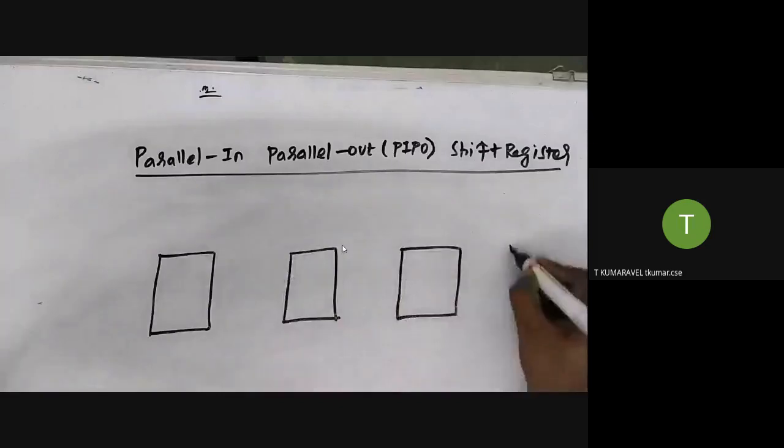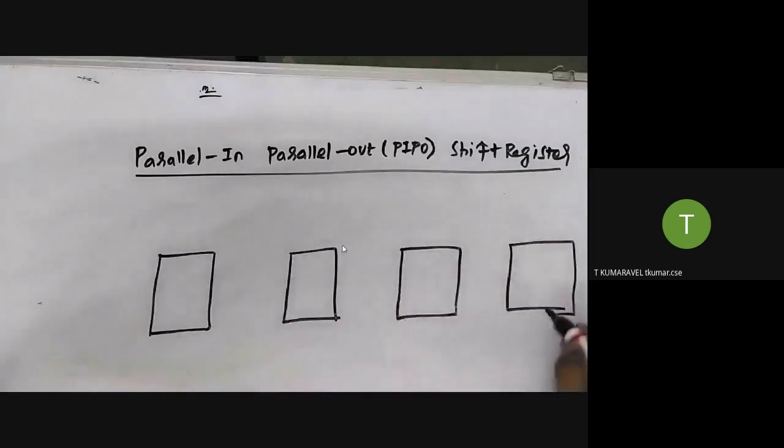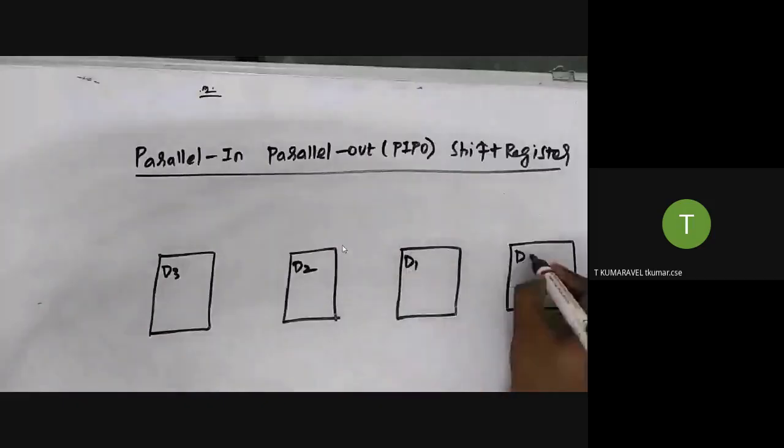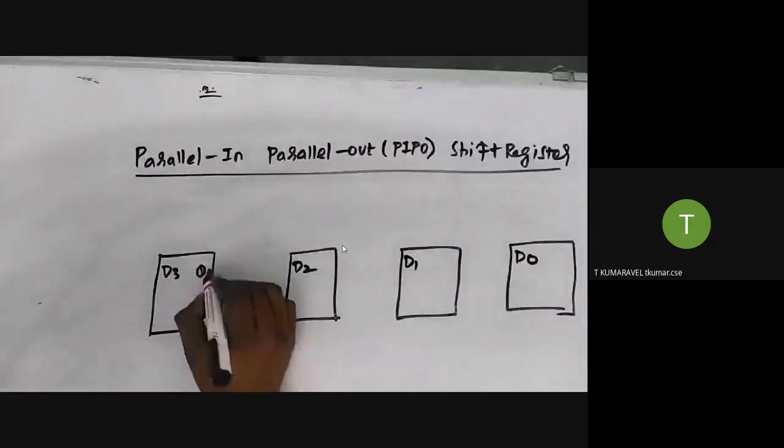The name itself helps you understand: you are going to provide input parallelly to all the flip-flops. Assume it is a 4-bit register with inputs D3 to D0. Parallelly it will generate the outputs Q3, Q2, Q1, Q0.